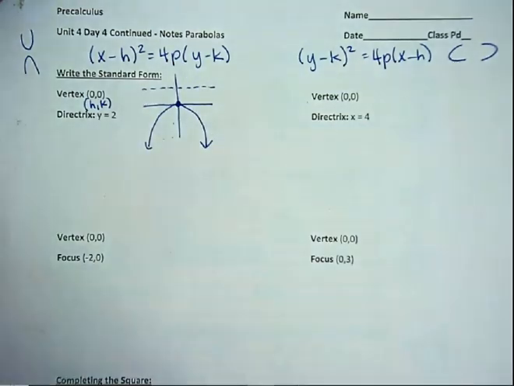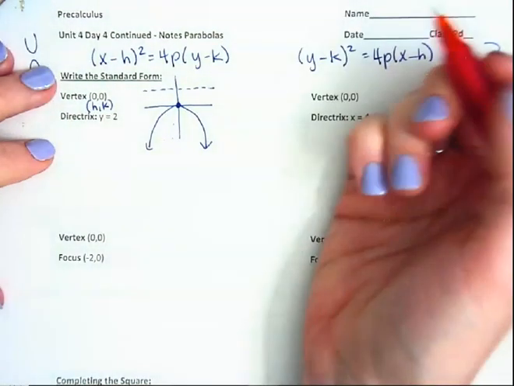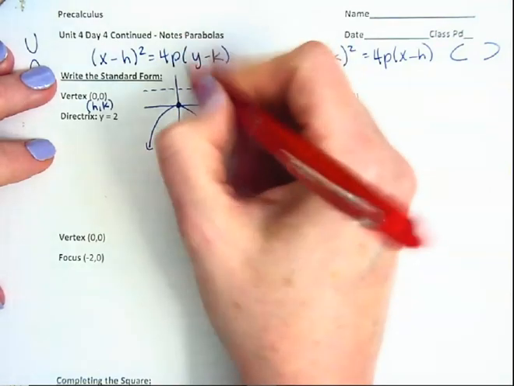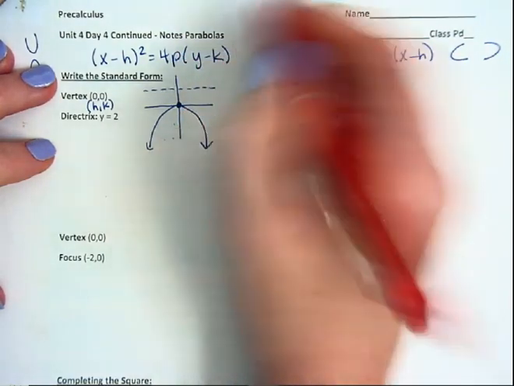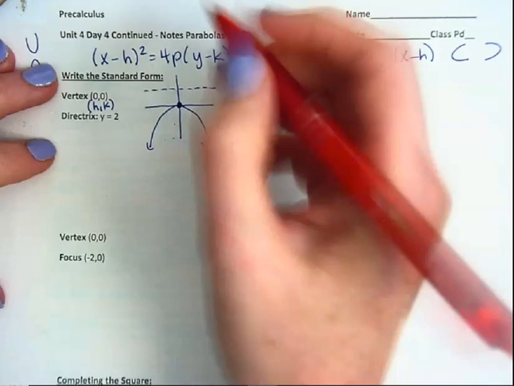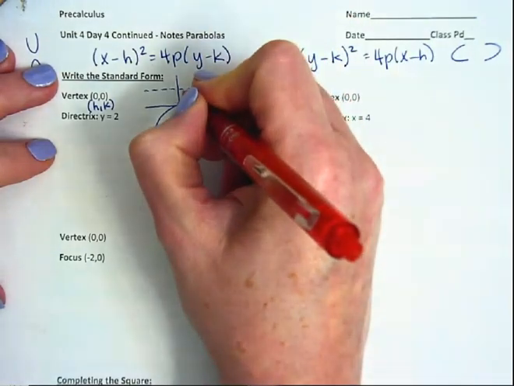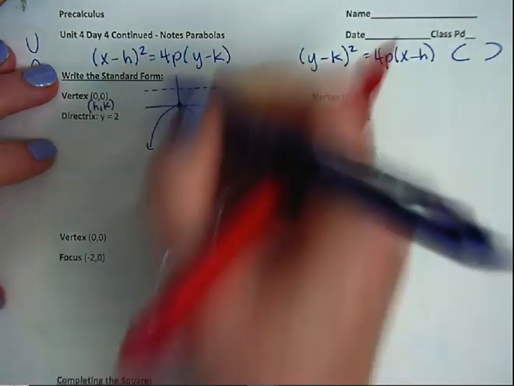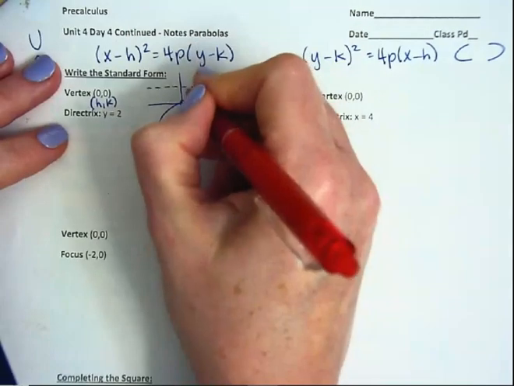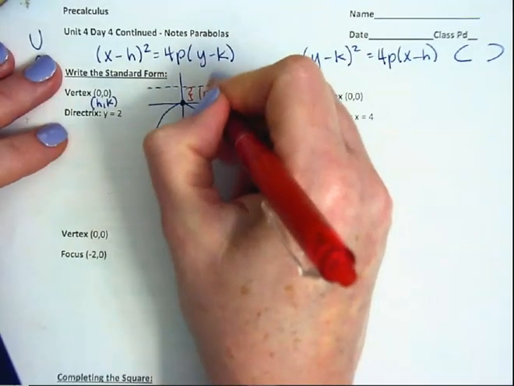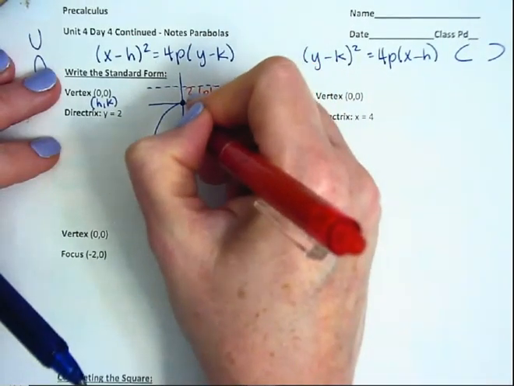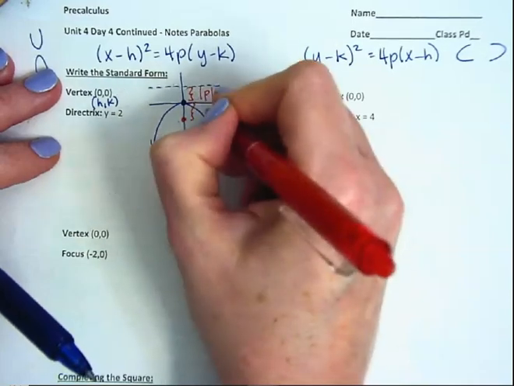So there's a couple of things I want to bring to your attention here. The absolute value of p is the distance from the vertex to the directrix and from the vertex to the focus.